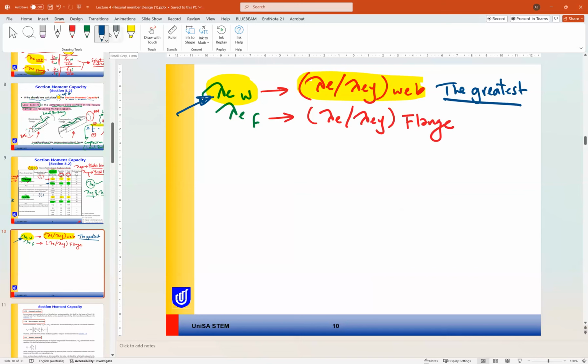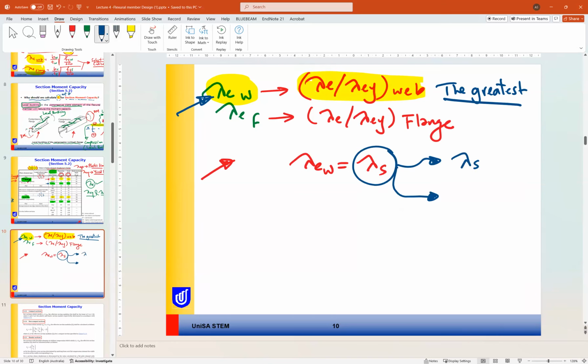So this means that we will consider lambda E for the web equal to our lambda S. And then we will use this value to compare with the two values from the table, lambda S yield and lambda SB. Lambda S yield will be lambda EY for web and lambda EB for web.